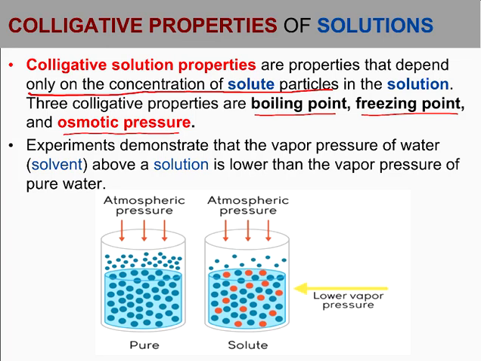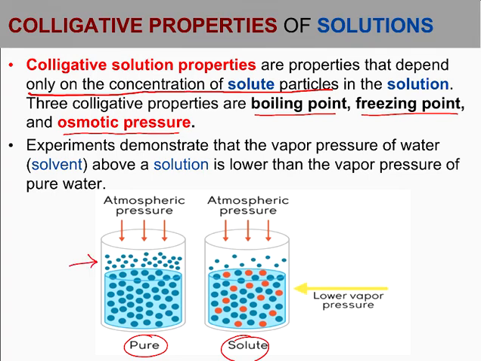So what's interesting is if we measure the vapor pressure of pure water versus the vapor pressure of a solution, the vapor pressure above a solution is much lower than the vapor pressure of pure water.